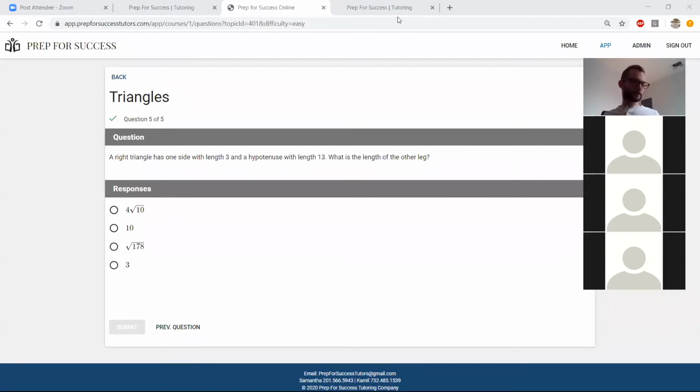So read this one, solve, and let's see what you get. Okay, put your answer into the poll. If you don't see the poll, then message me privately.